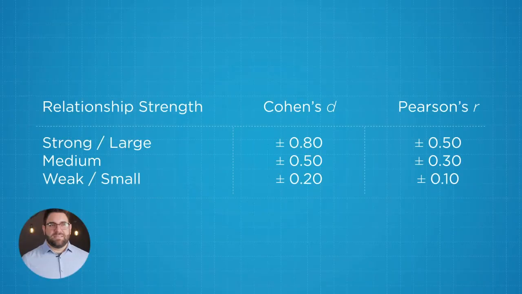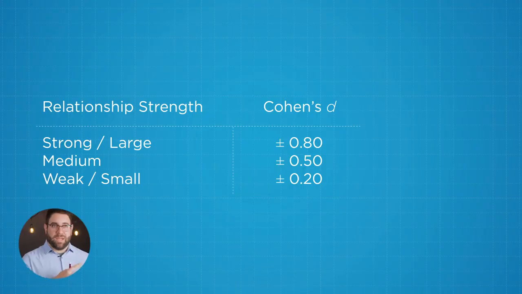For both Pearson's R and Cohen's D, we have something we like to call relationship strengths. This is a helpful way for us to determine how strongly two things are correlated, whether it's a Pearson's R correlation or a Cohen's D correlation. So when you're thinking of Cohen's D, right, remember we have two groups, and we have one continuous variable.